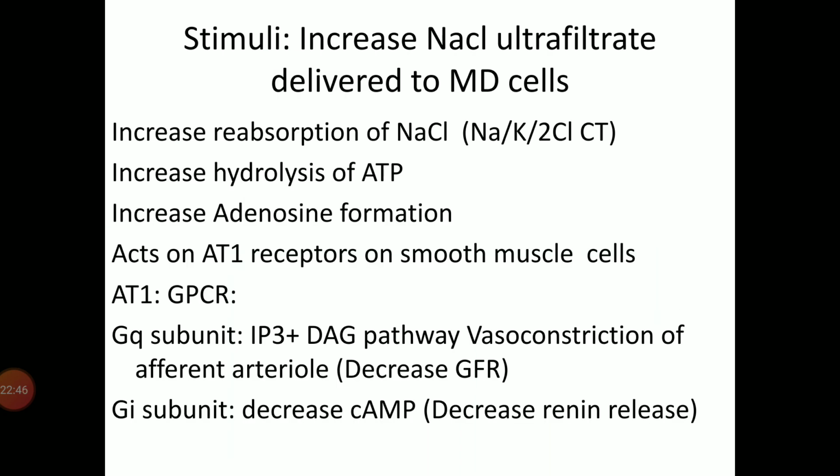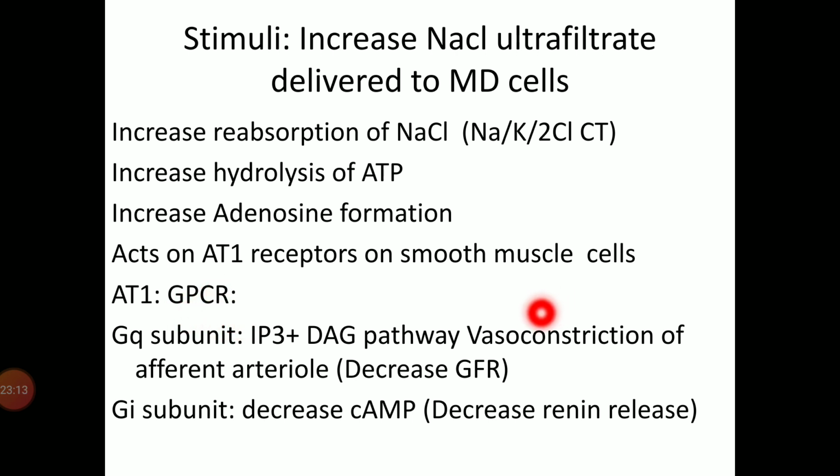So this thing I have written again in this slide. The increased sodium in the ultrafiltrate, when delivered to the macula densa cell, will cause increased adenosine formation. This is now going into the interstitium, and they are acting on the A1 receptor present in the smooth muscle cell so as to cause vasoconstriction via the increase in the calcium in the smooth muscle via this Gq subunit, as the A1 receptor is a G protein coupled receptor.